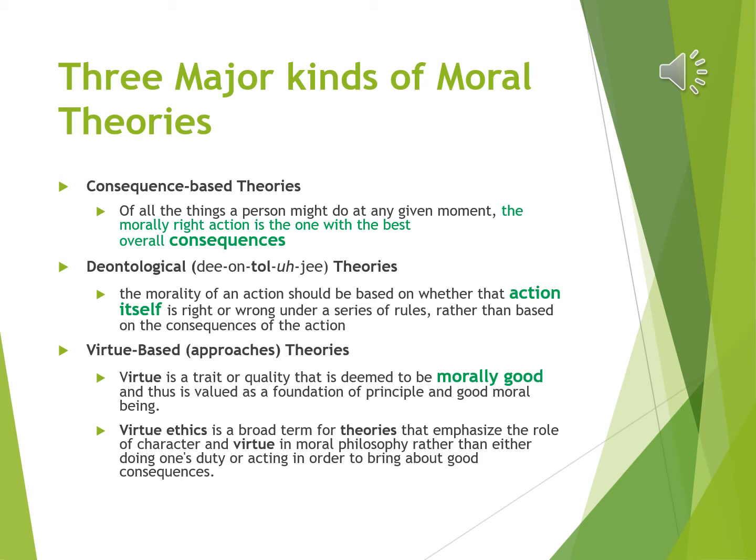Then deontological theories: the morality of an action should be based on whether the action itself is right or wrong under a series of rules, rather than on the consequences. Like when results are computerized, we put a principle or a program in the computer: if you have multiple choice and you are wrong, you are wrong; if you are right, you are right. We make the decision according to the principle.